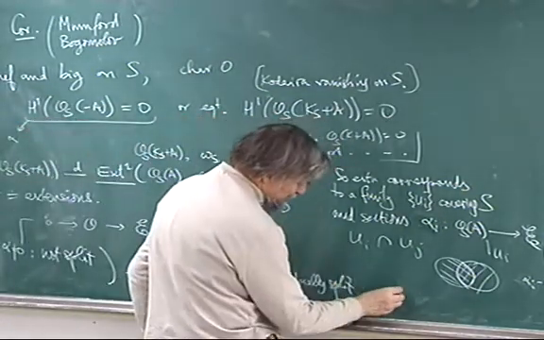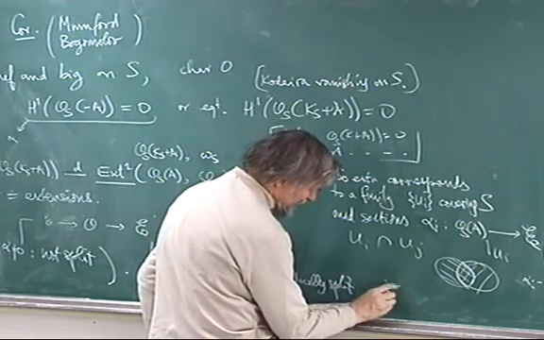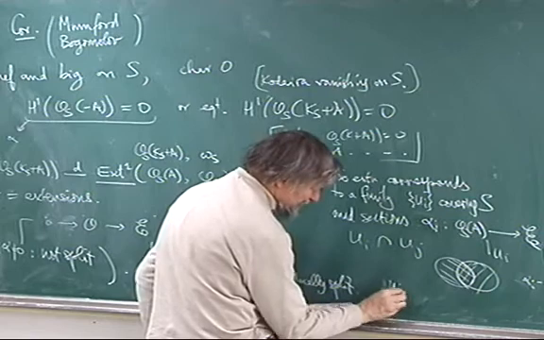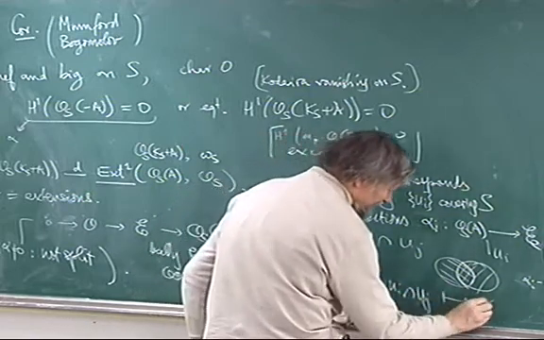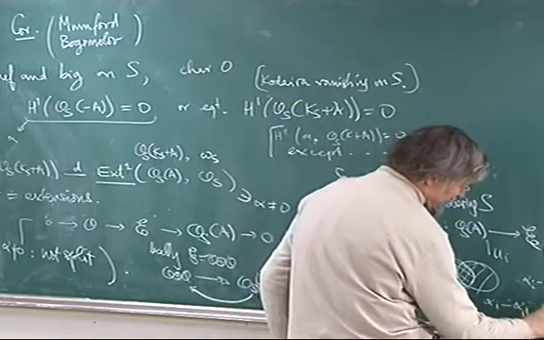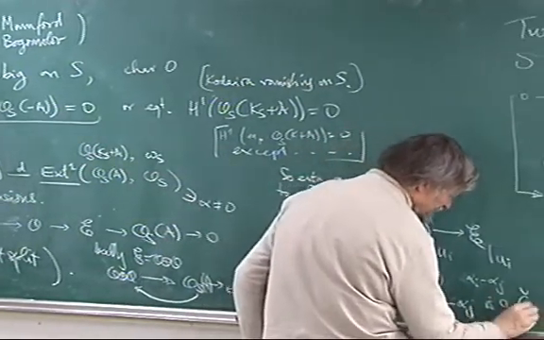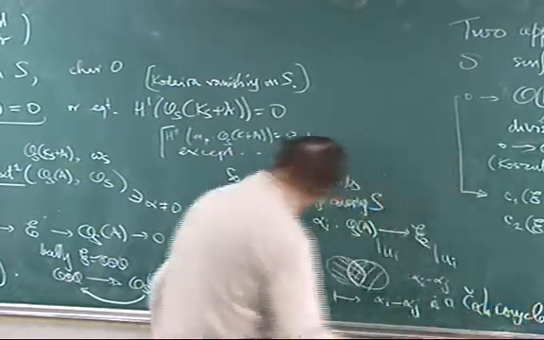And so this map, ij, U_i intersect U_j, maps to alpha_i minus alpha_j, is a Čech cocycle.